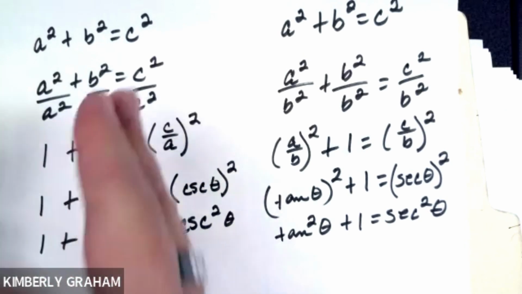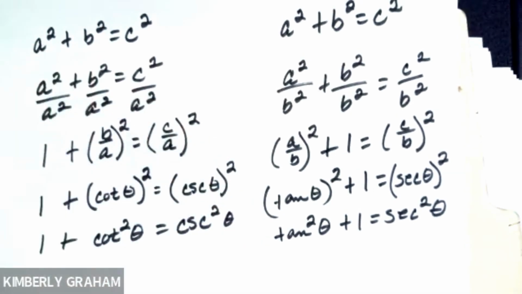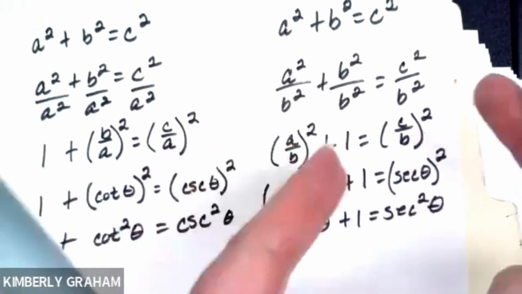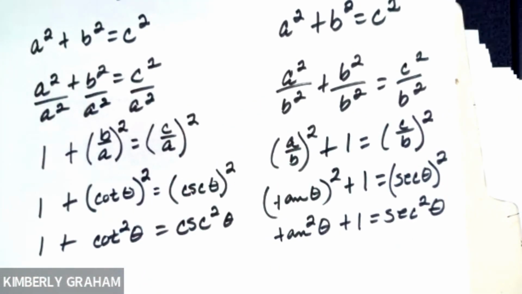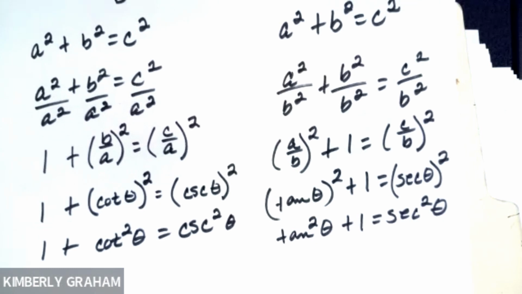Okay, so here I divided by a squared. Here I divided by b squared. My third way is to divide everything by c squared. So I want y'all to work through that on your own while I take attendance.